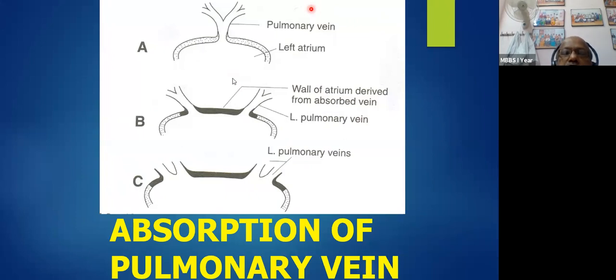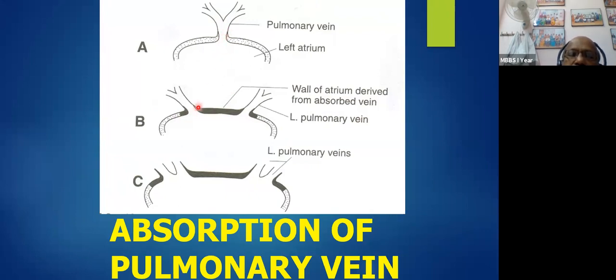This is the opening of the pulmonary vein into the left half of the primitive atrial chamber. That one pulmonary vein is getting divided into 2. Slowly that is getting absorbed into the left half of the primitive atrial chamber.